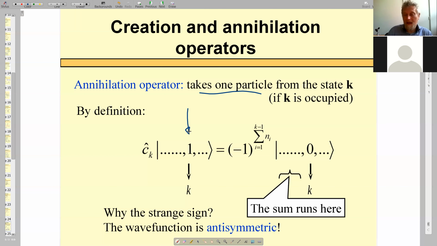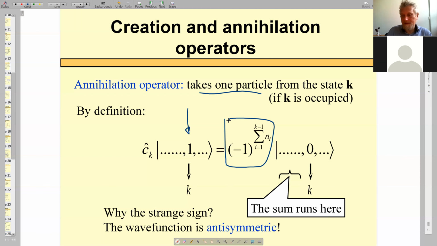And it returns the state without the particle, with a funny factor. This factor can be only plus or minus 1 because it kind of solves this problem with sign, right?